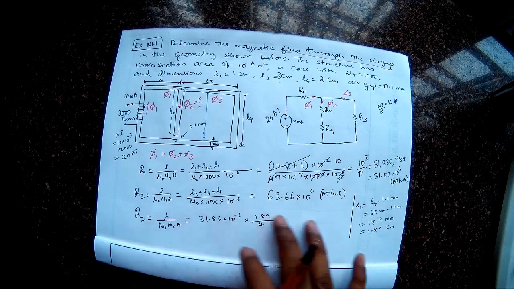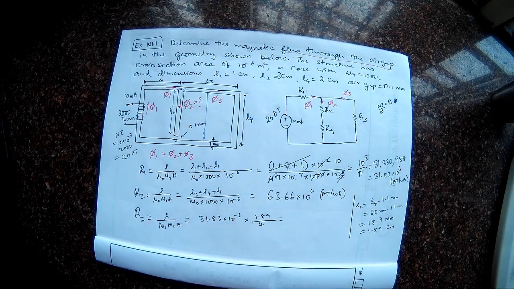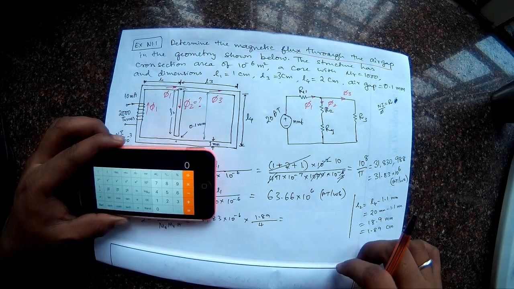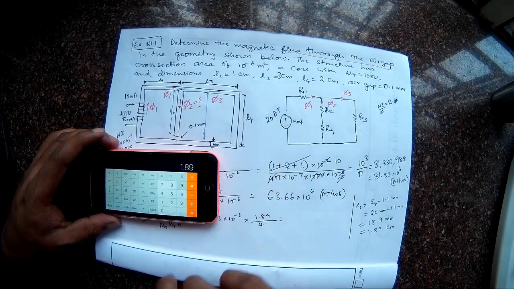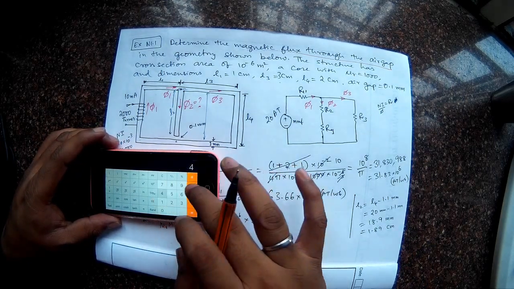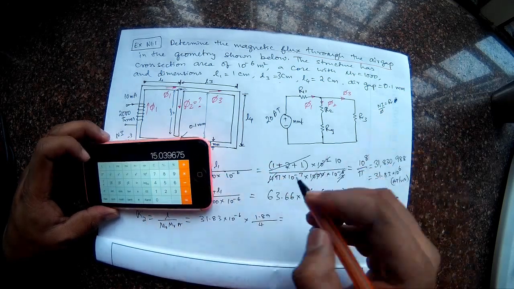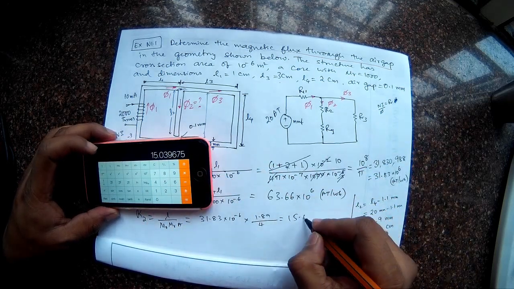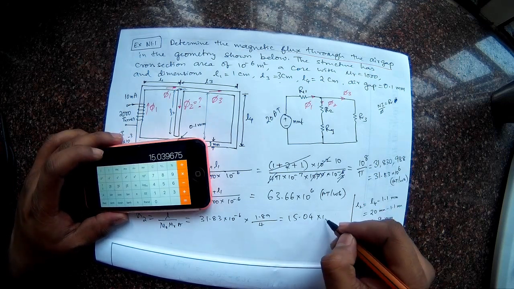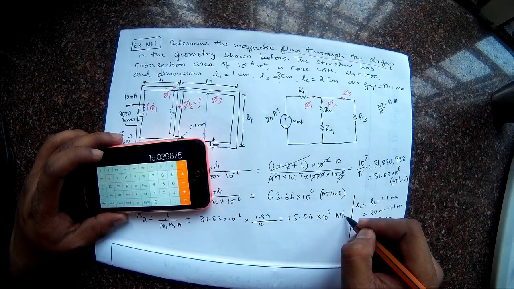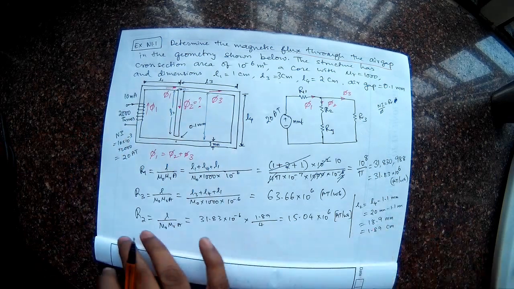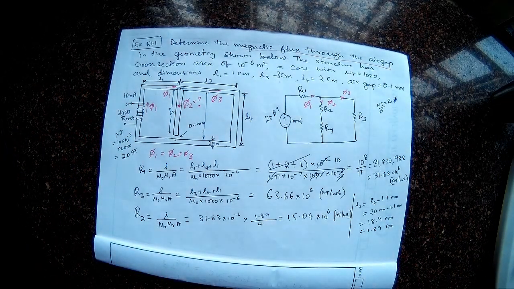I'm just making it proportional to the length. Okay, so let's solve this now. 1.89 divided by 4 multiplied by 31.83. So I get 15.04 into 10 power 6 ampere turns per Weber. So again I have calculated R2.